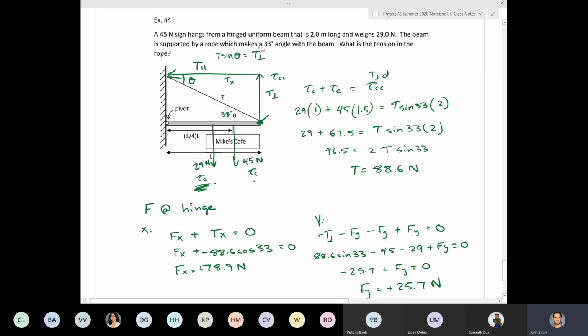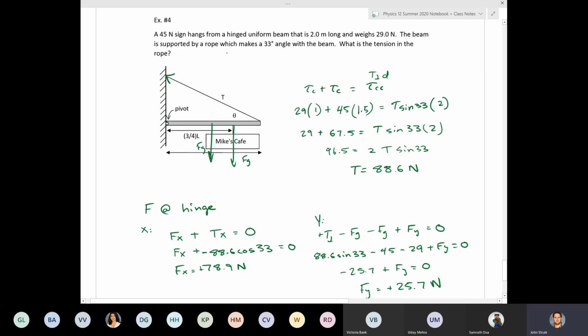So the pivot is, let me redraw this. If you think about the forces that are acting on the beam, on the whole system, you have tension going this way. You have Fg of the beam going down. You have Fg of the sign going down. So there's three forces acting on it, and then whatever's at the pivot, but it doesn't matter because it's not going to cause torque.